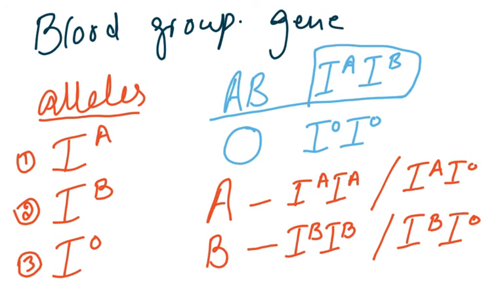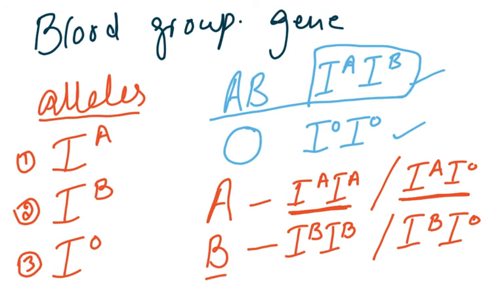Then the O group is IO. So there is only one genotype for AB and there is only one genotype for O group. Then the A group people, there are two possible genotypes. They can be IAIA, this is homozygous dominant, or they can be heterozygous IA and IO because IO is recessive.